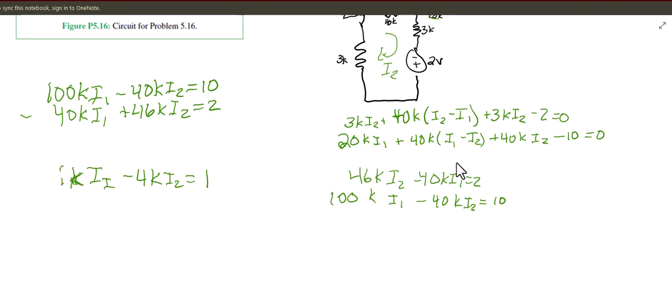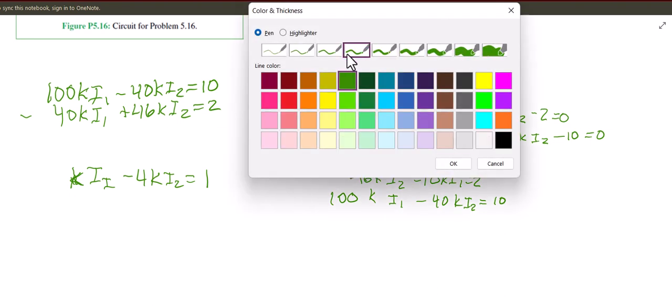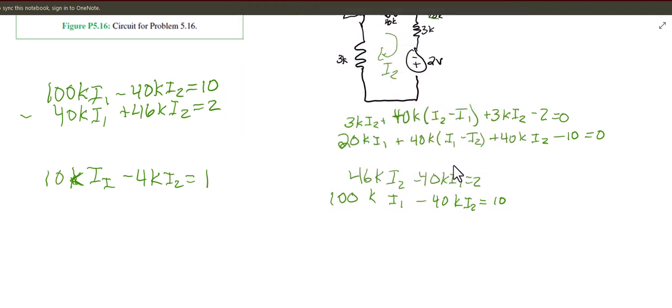I'll call that 1K. Or, no, 10K. Divided by 10. So 10K I1 minus 4K I2 equals 1. And divide the bottom one through by 2: minus 20K I1 plus 23K I2 equals 1.